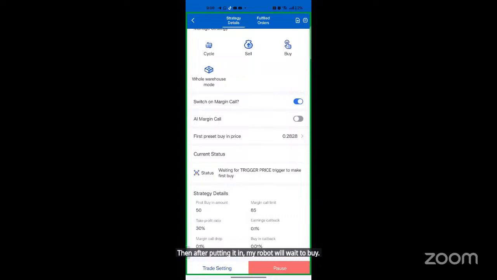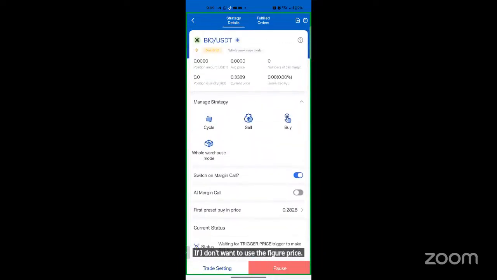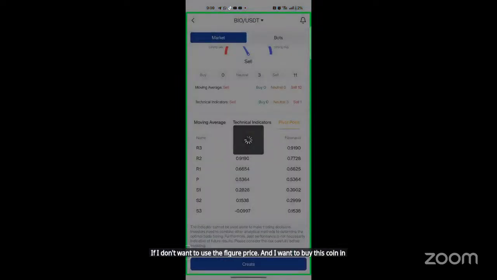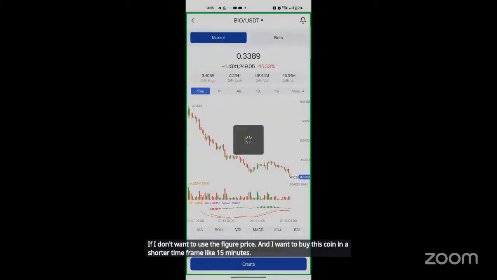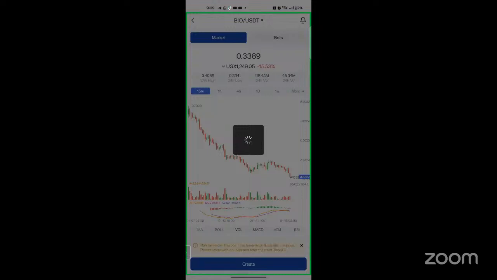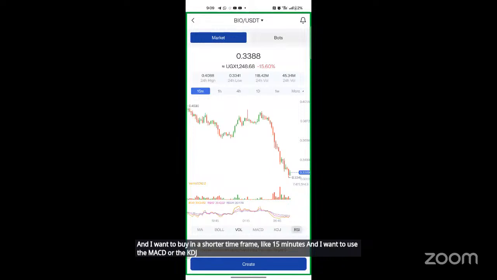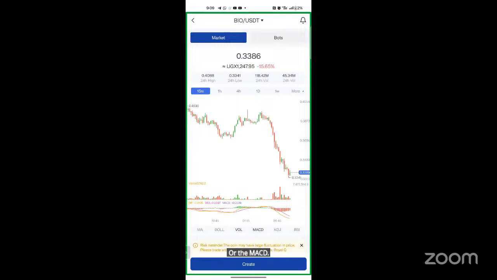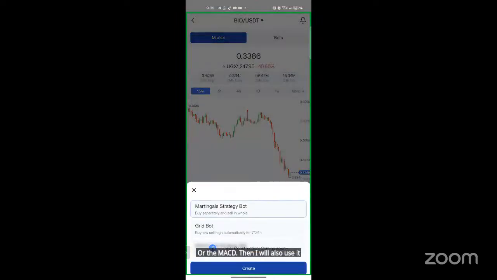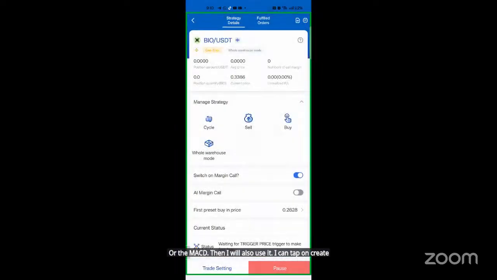If I don't want to use the trigger price, and I want to buy this coin in a shorter time frame, like 15 minutes, and I want to use the MACD or the KDJ or the RSI, then I will also use it. I can tap on create martingale strategy bot.